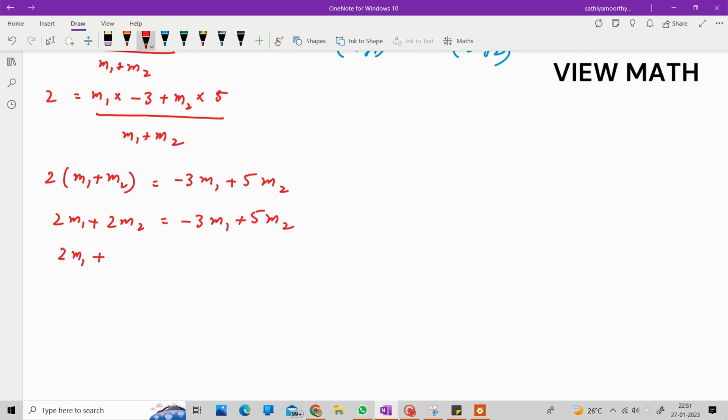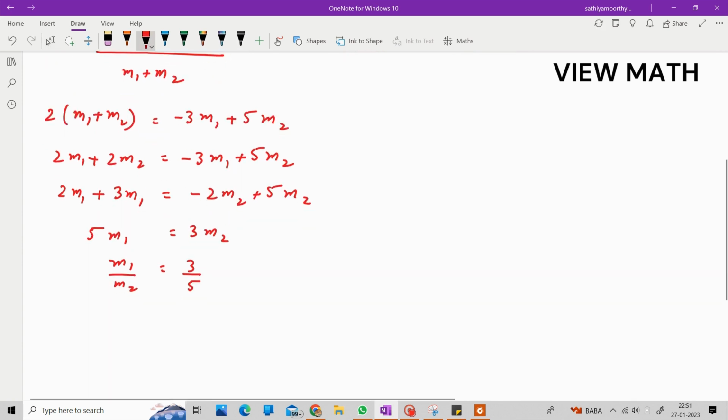Minus 3 m1 comes to the left-hand side and becomes positive, and minus 2 m2 plus 5 m2. So on the left-hand side it is 5 m1, equal to 3 m2. Now m1 by m2 is equal to 3 by 5. So we have found out the ratio: m1 is to m2 is equal to 3 is to 5.